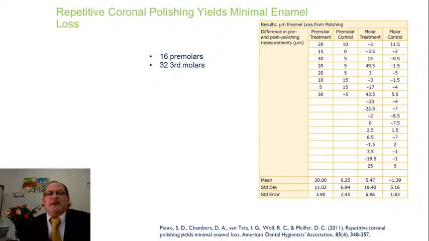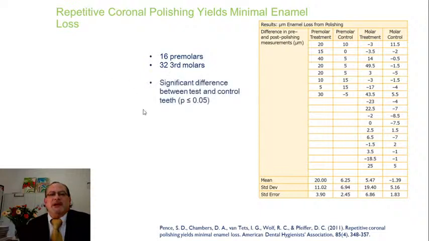So 16 extracted premolars were used, and 32 third molars were used, and yes, there was a significant difference between test and control, test meaning that no polishing was performed.